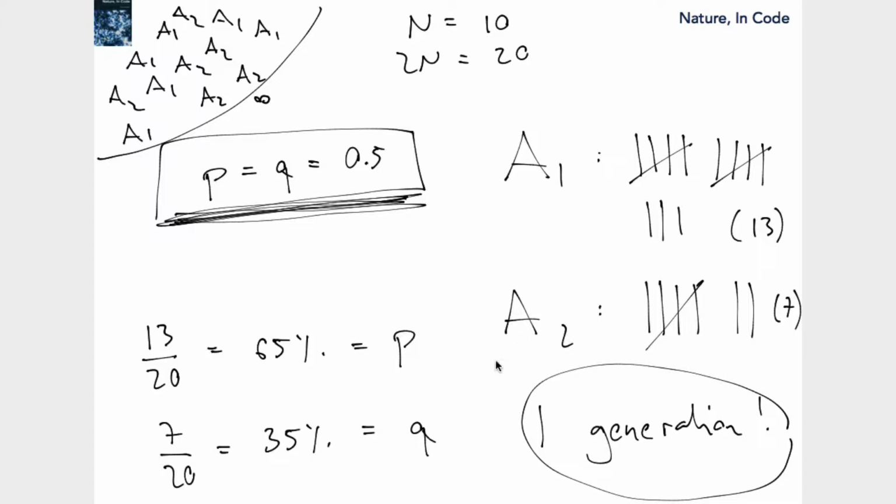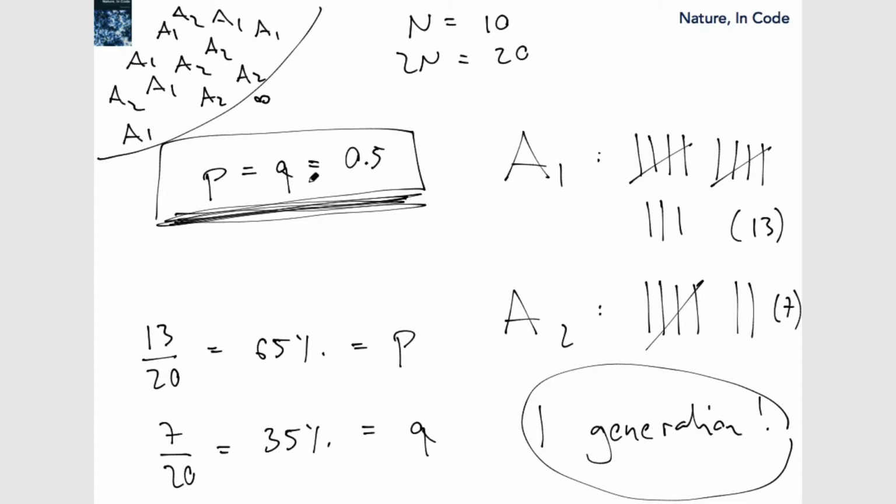We developed an example with a coin tossing application where we started with allele frequencies for A1 and A2 at equilibrium at 50%. And then within one generation, we were at A1 frequency of 65% and at an A2 frequency of 35%. So dramatic evolutionary change within a single generation.